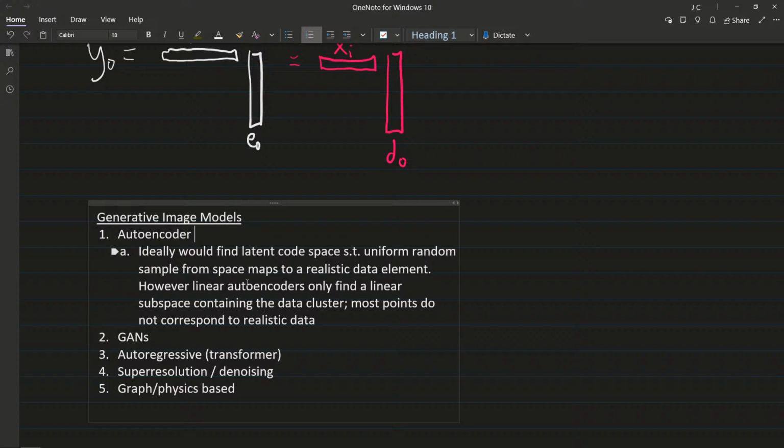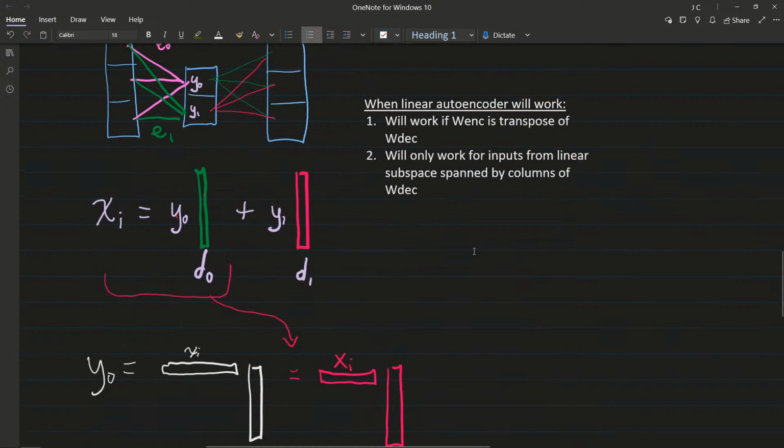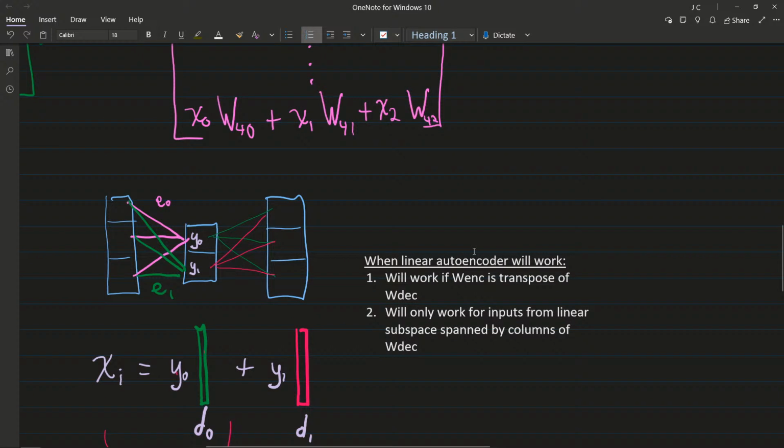Okay, so anyway, that's my understanding of how a linear autoencoder would work. Ultimately it can only output linear combinations of the decoder weights. Even if you have multiple layers, the final layer is still going to be some linear combination of the decoder weights.